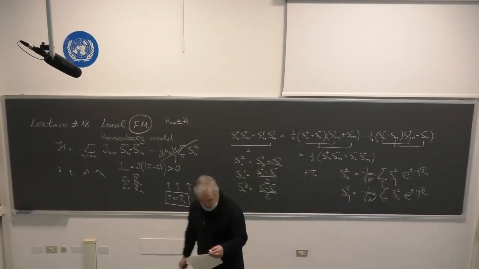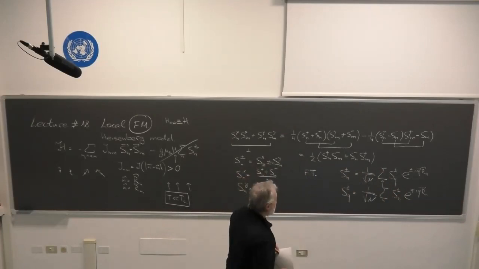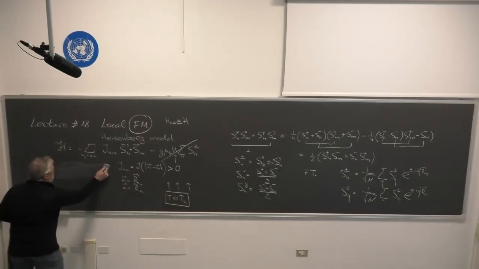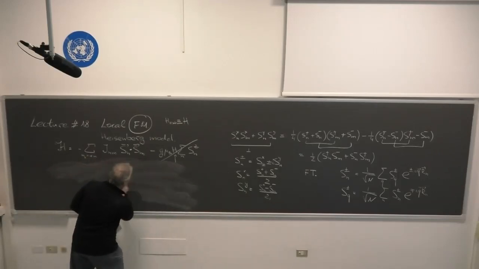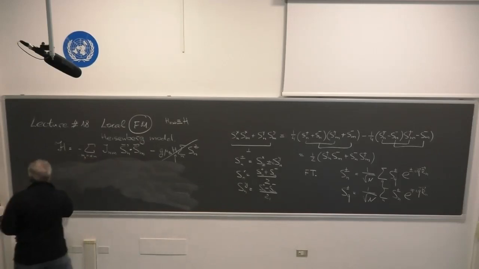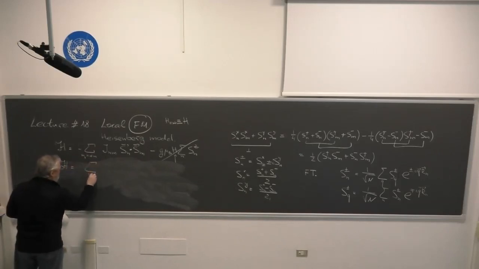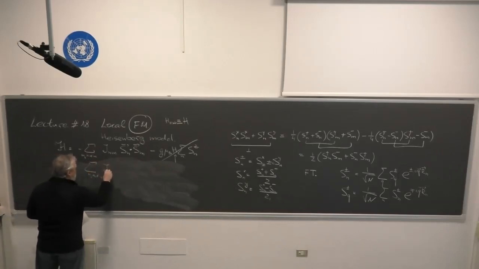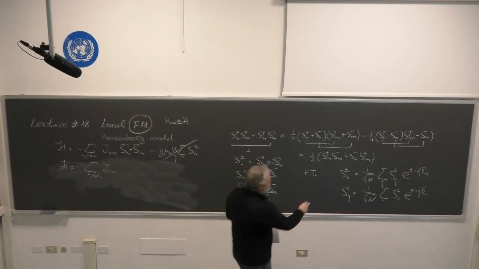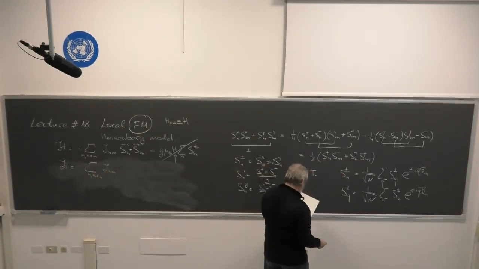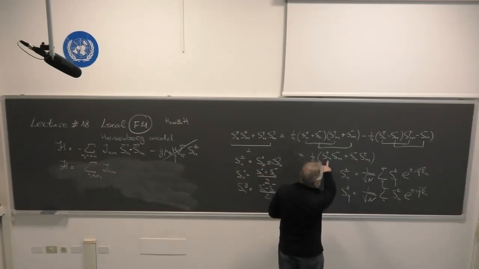Good. Now let's write down the Hamiltonian in the Fourier transform form. For the moment, I will keep this one, and we write. First of all, I will write it as a sum over n, m not equal to n, G_{nm}. Look, I have the transverse term S_n S_m. So I can change notations n and m here.